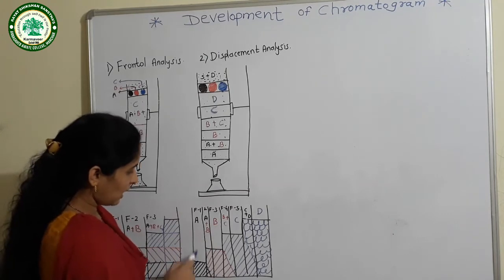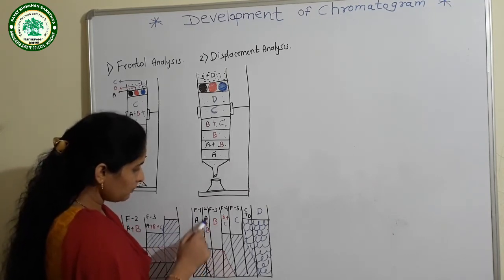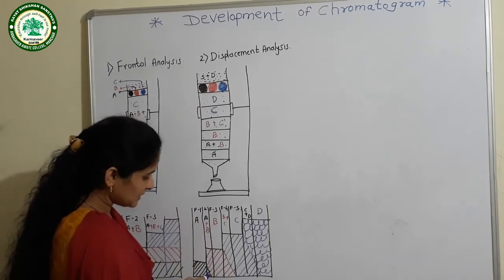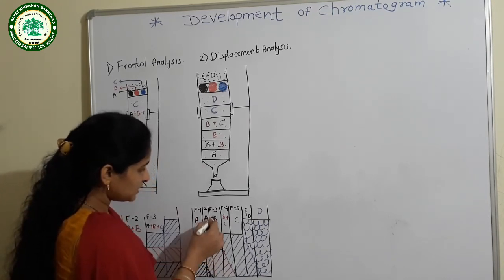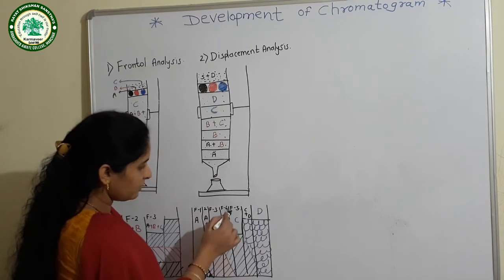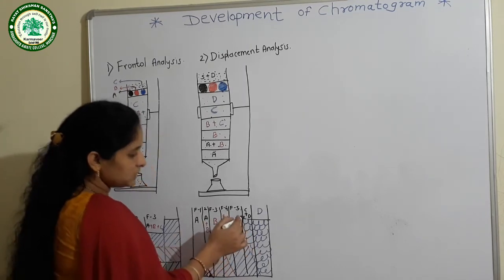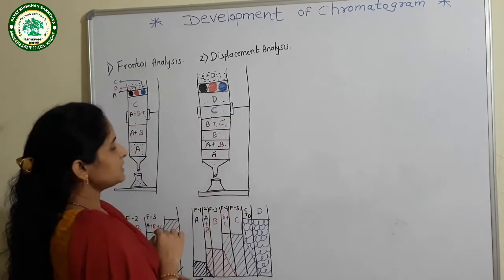Now see in this graph, in fraction 1 we get only the pure A component. In fraction 2 we get A plus, this black is A, and this red is B. In fraction 3 we get pure B. In fraction 4 we get B plus C, and in fraction 5 we get C. In fraction 6 we get C plus, this is D. D is what?